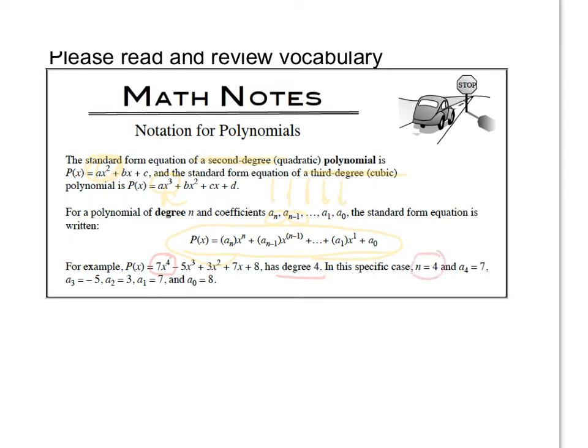Degree is 4, so n equals 4. A sub 4 would be the coefficient of 7. A sub 3, coefficient of negative 5. A sub 2, coefficient is 3. A sub 1, coefficient is 7. And your constant term, a sub 0, has a value of 8.